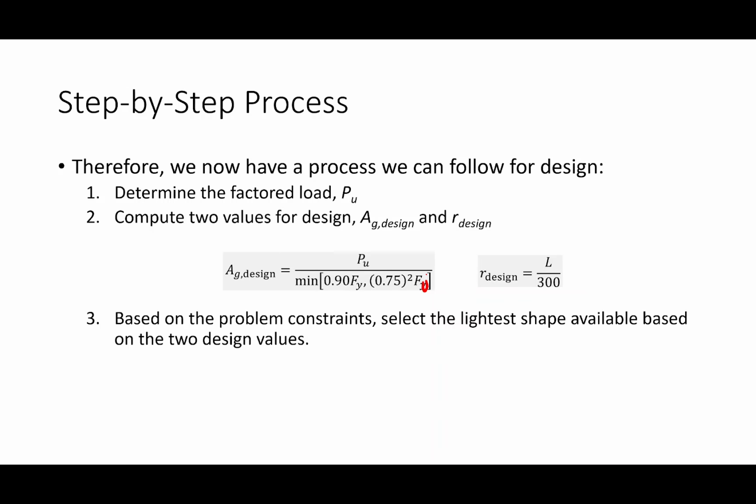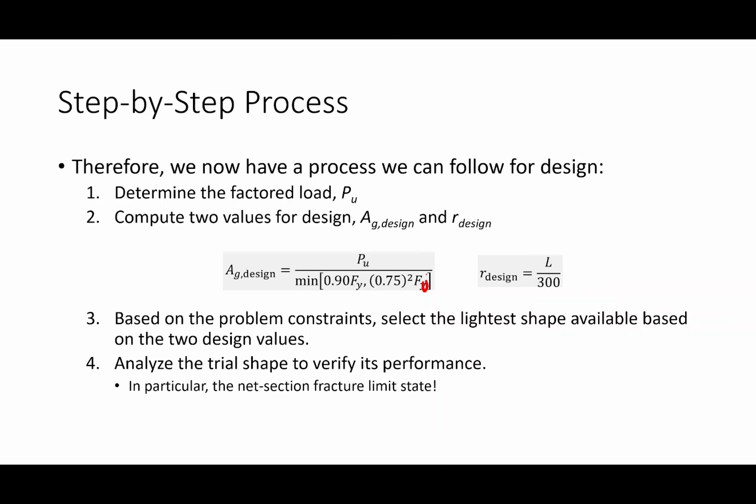Now what we're going to do is use those values to pick a member out of the manual. Are we done at that point? See, I say no because this is a guess. We need to check the member. We need to analyze the trial shape to verify that it's actually going to work.